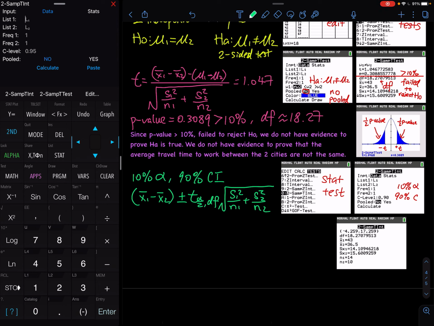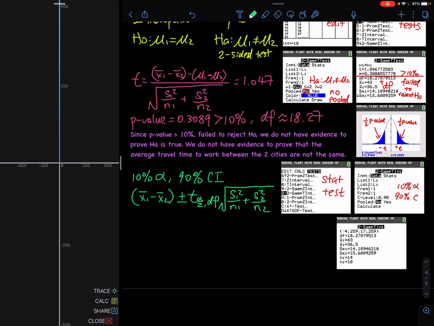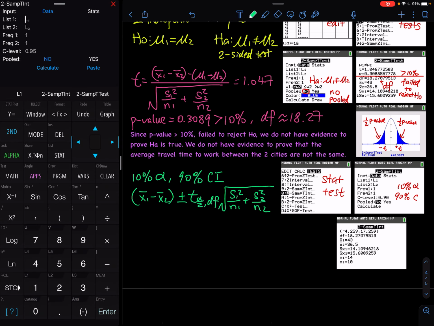I don't think you need to type anything except you have to make sure the confidence level is 90%. So let me type L1. Okay, second one L2, and then frequency, don't change that, and then the C level is 0.90, and then no pool. So now we calculate.